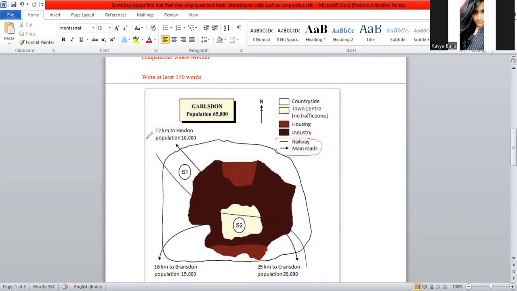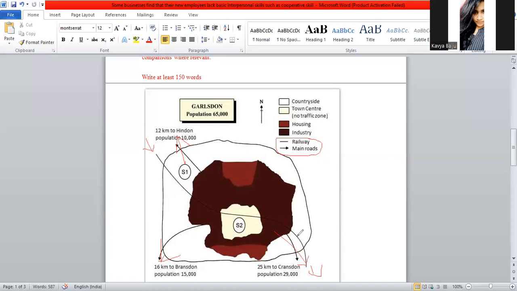One is a railway line which passes from northwest to the southeast of Garlsdon. And we do have main roads to Hindon, a nearby town at northwest, Bradston, a town at the southwest, and another town at the southeast.